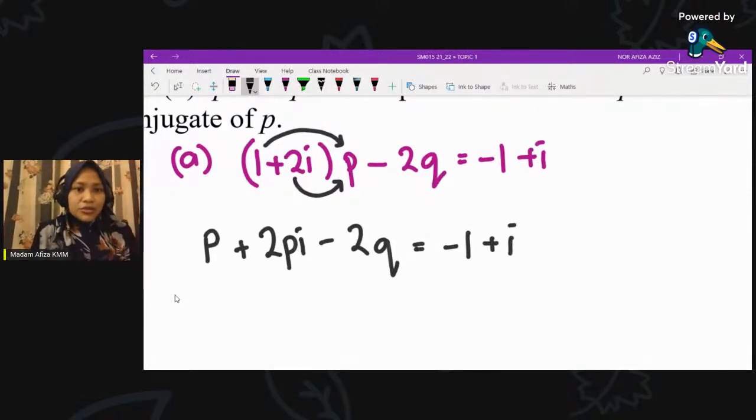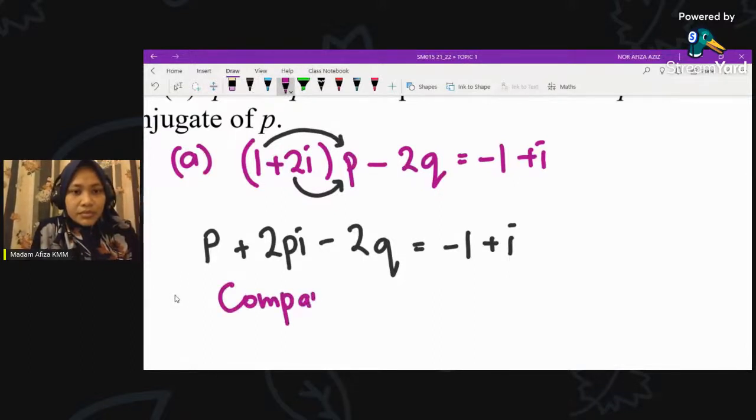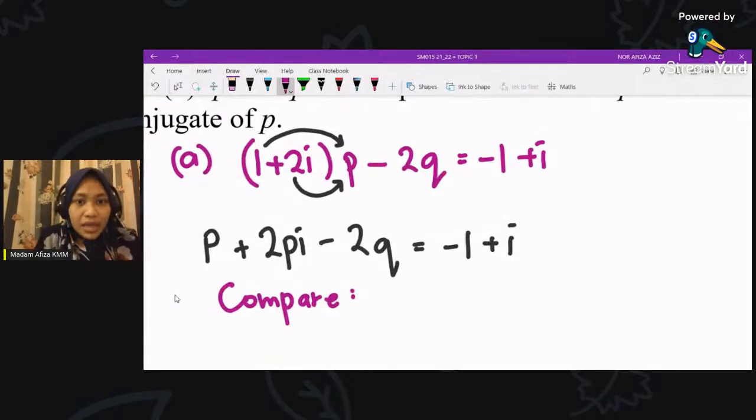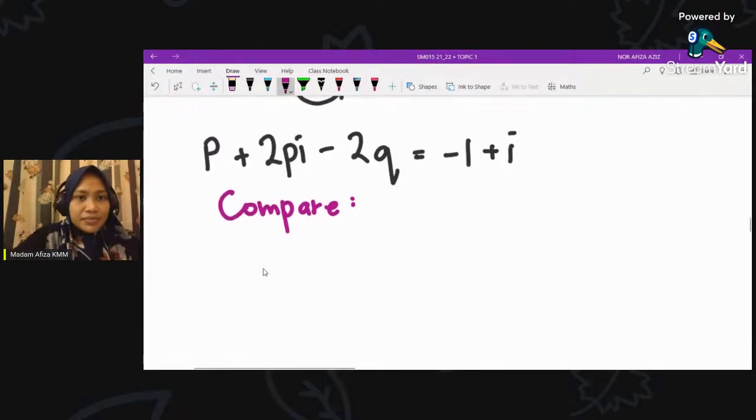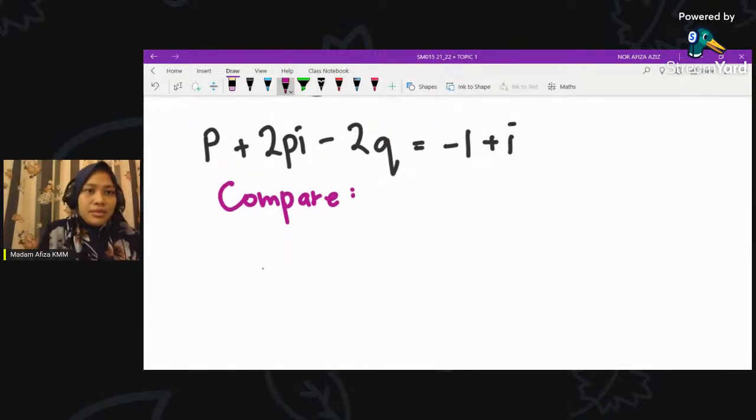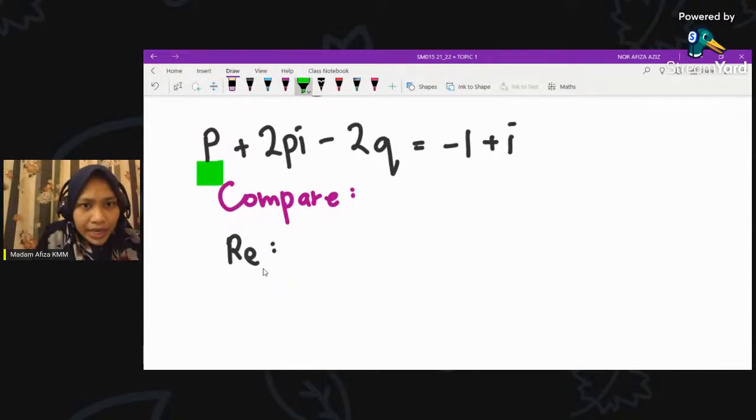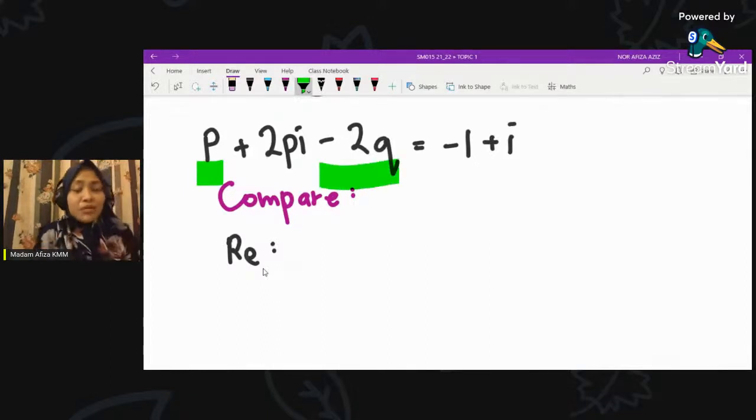Okay, so now we can compare. If we compare, we will get real part and imaginary parts. Let me show you the real part. So here is the real part: p and negative 2q. How do you know the real part?